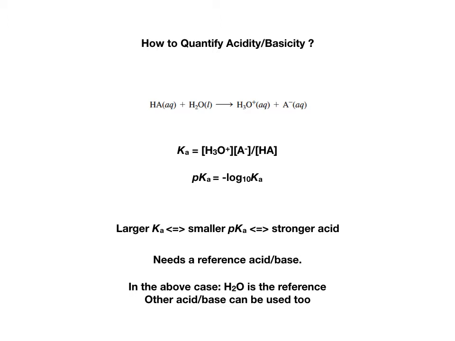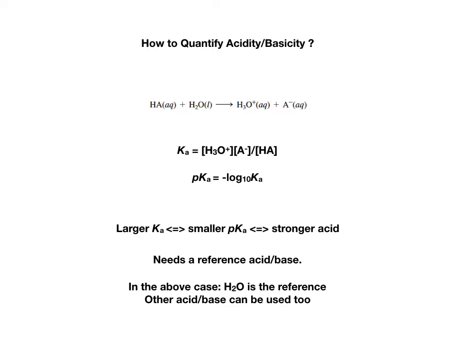And a large Ka indicates that the acid likes to dissociate in water, so that corresponds to a stronger acid. The stronger acid would have a smaller pKa. Make sure you use the correct term when you do the comparison.